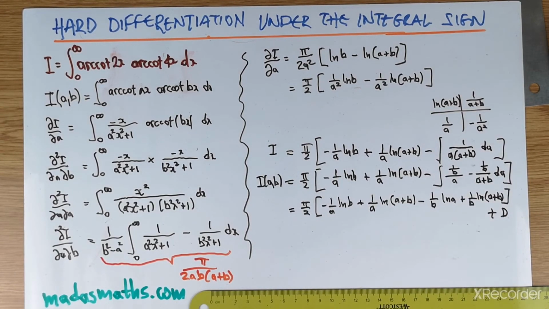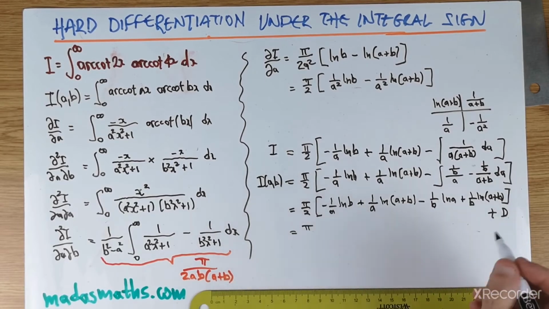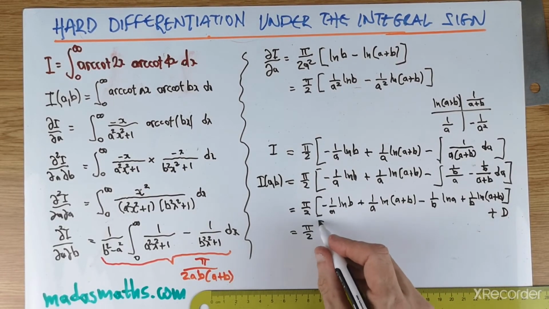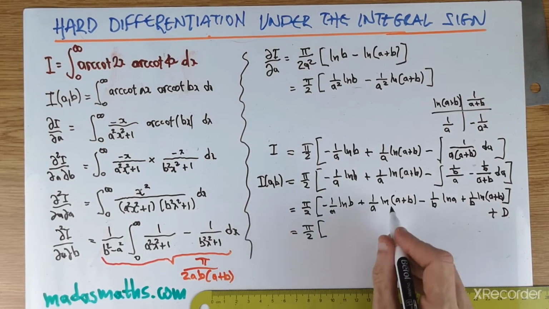All right, what can we do now with this particular one? We really need to evaluate this d, so we need to put these quantities together a little better, otherwise we will just lose the plot here. So leave the pi over 2 on the outside, and let's put these two bits together.